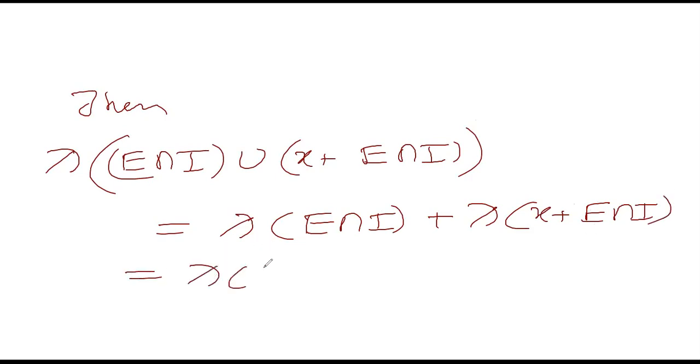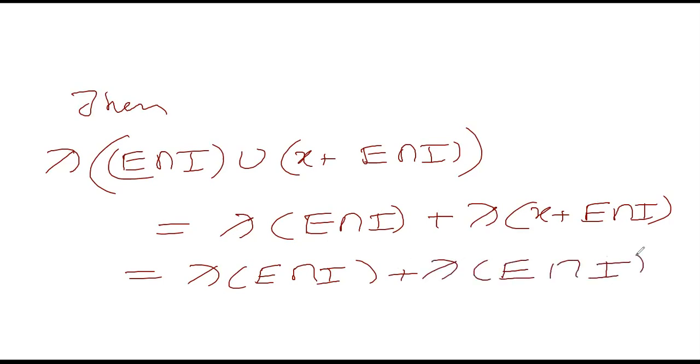So this is equal to 2 times the Lebesgue measure of E intersection I.